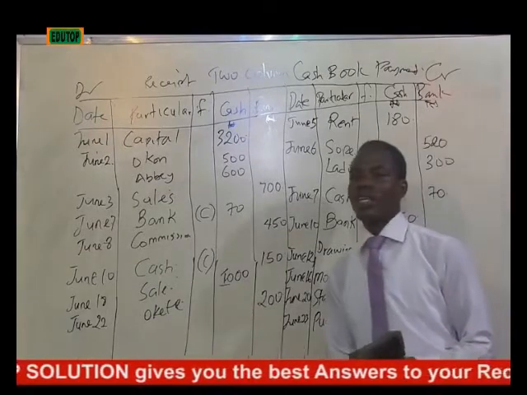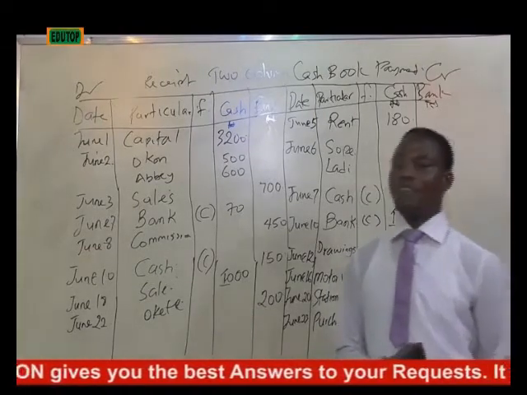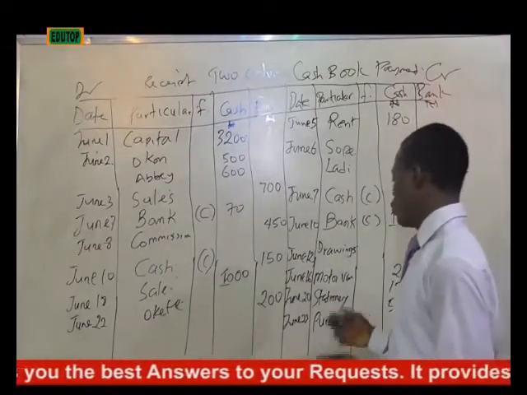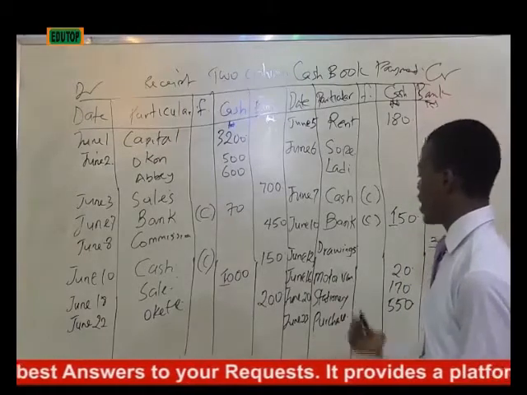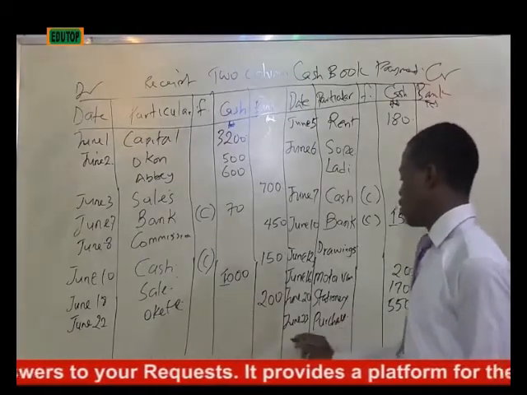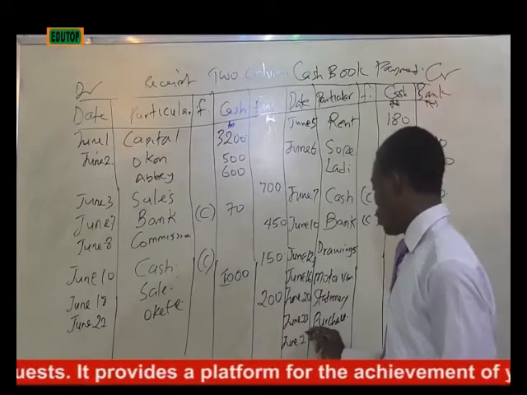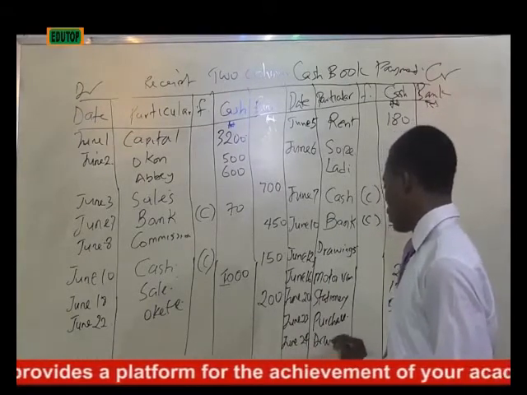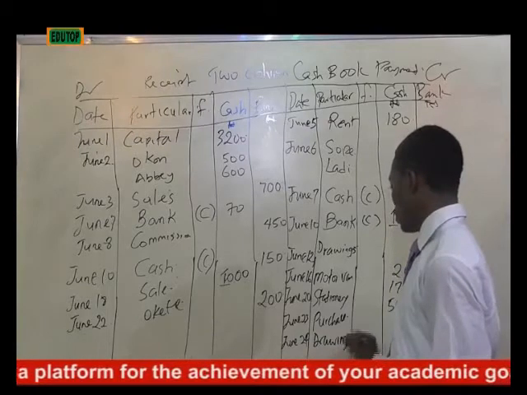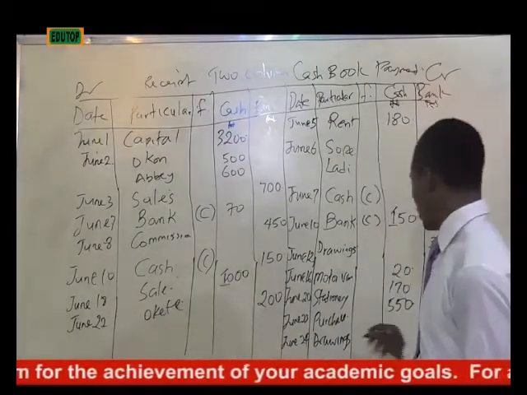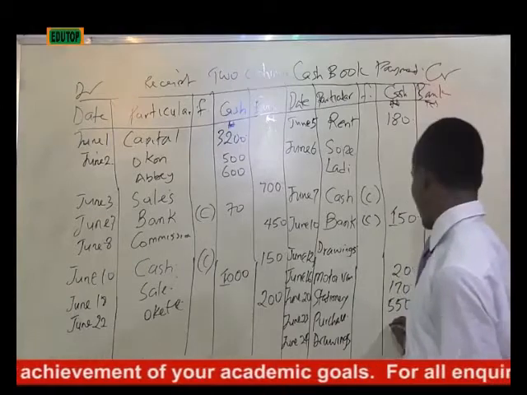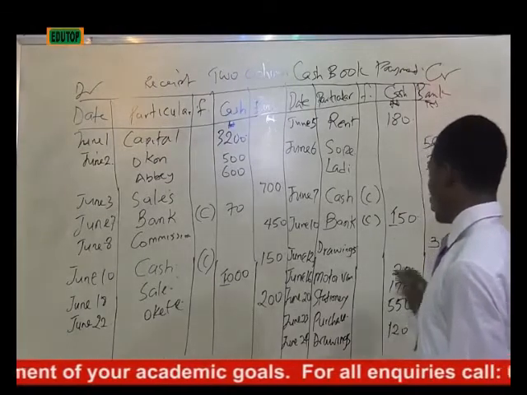550. Now June 24, we have cash drawings. You know, when you draw money out from the cash, it reduces your cash. So we have June 24 drawings. We have 120, which I think is done on the cash.